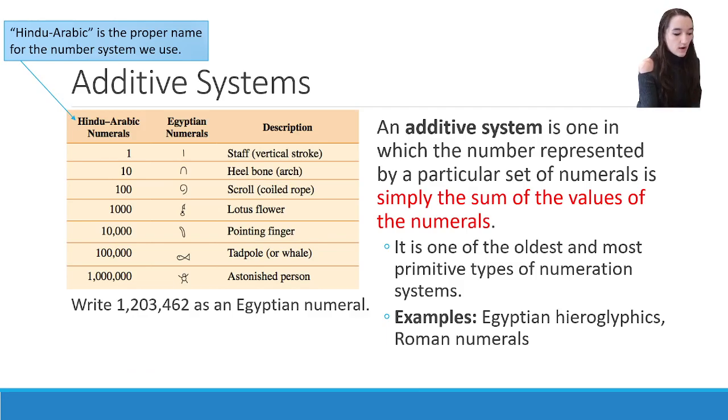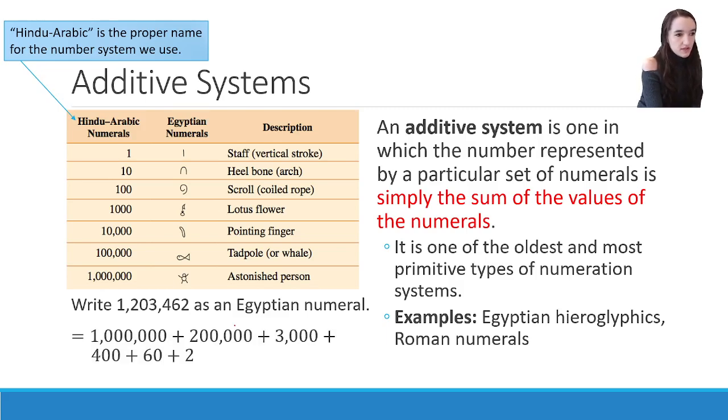If we wanted to write 1,203,462 as an Egyptian numeral, then we can break it down into smaller pieces. 1 million plus 200,000 plus 3,000 plus 400 plus 60 plus 2 breaks it down into each of its powers of 10. So we have 1 million, so that's 1 astonished person to write.